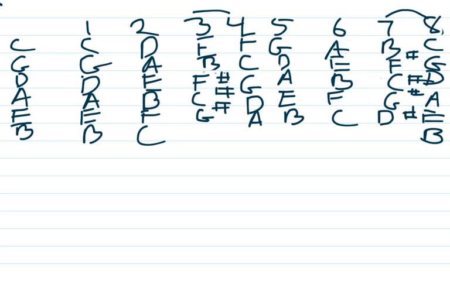B, C, D sharp. You notice the D sharp is coming from before. E, and there's a half step between here. F, G, A sharp, B.